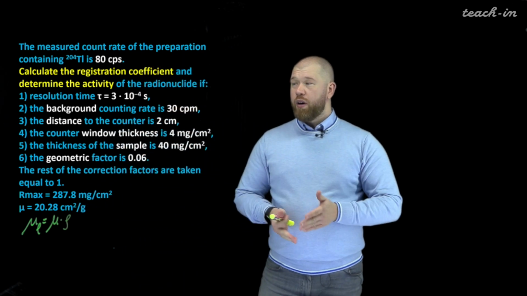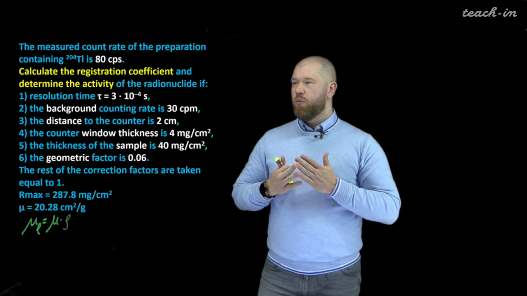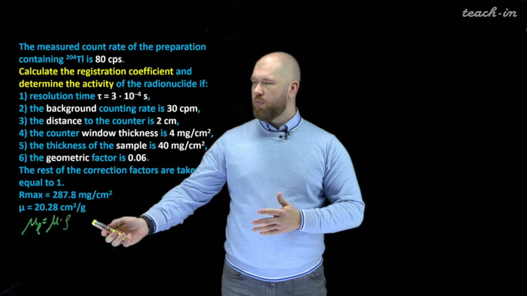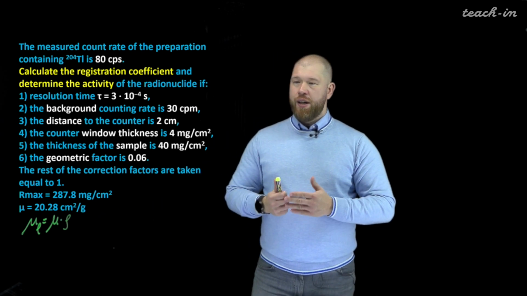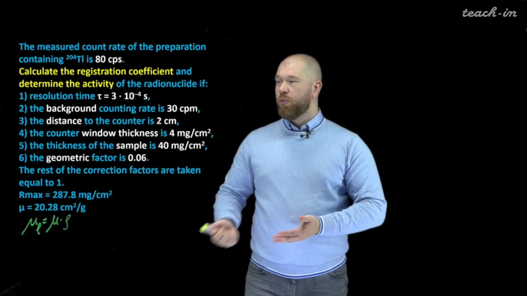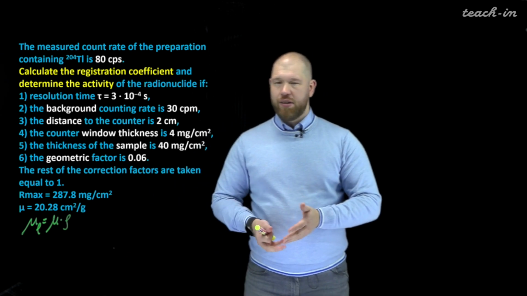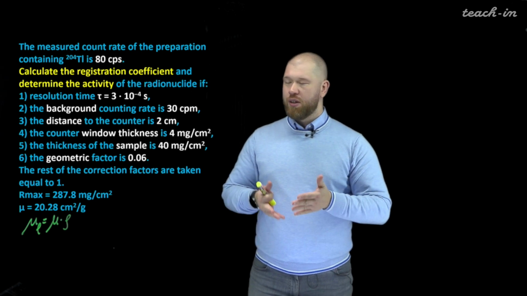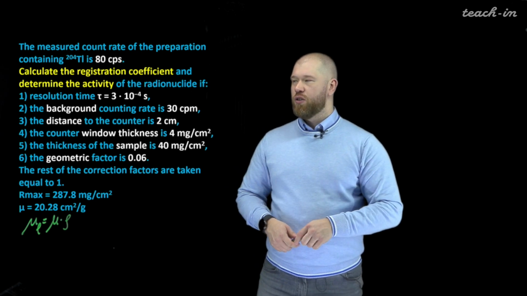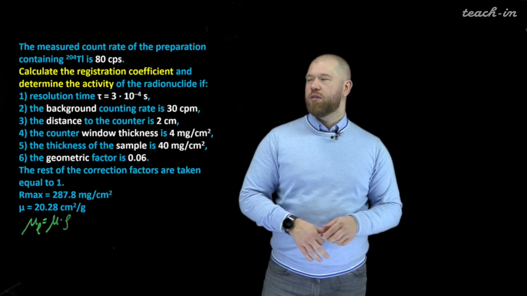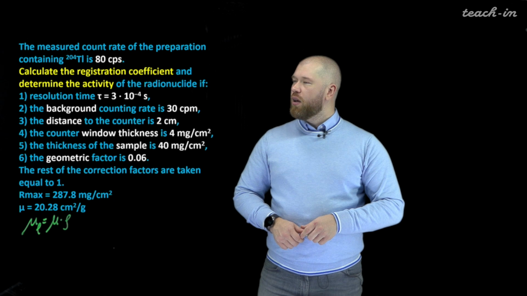It is very useful, very convenient to have only one coefficient, the mass attenuation coefficient, and then if we go to another material, we just multiply it by the density of this certain material, and thus we will get the linear attenuation coefficient that is expressed in centimeters minus 1.